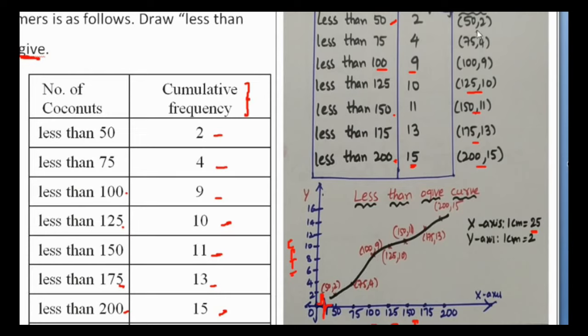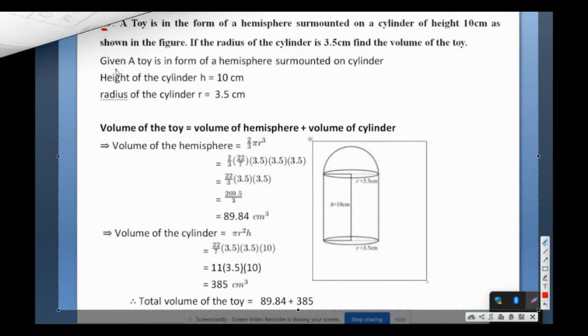So we plot the points: 50 and 2, 75 and 4, 100 and 9, 125 and 10, 150 and 11, 175 and 13, and 200 and 15. Once you plot these points on the graph sheet, join them with a free hand. Once you draw, the given curve is the less than ogive curve.